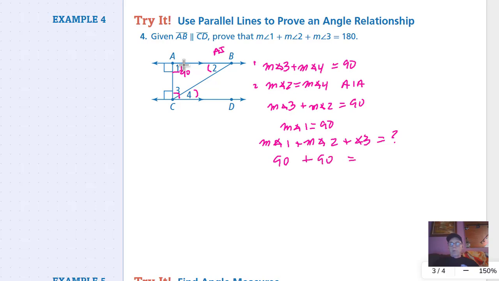So together we can see that they add up to 180. So we've shown that in a right triangle, the sum of the three angles adds up to 180 degrees.